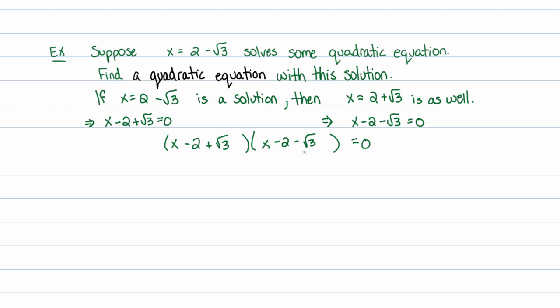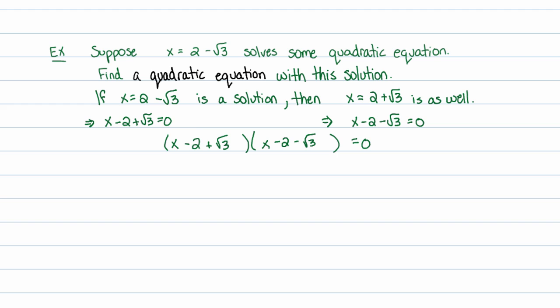Now all I have to do is multiply all this stuff out. There's a couple ways you could do this. I'll show you a long-winded way, and I'll show you a really cool, fast way. The long-winded way is to distribute each of the terms in the left factor to each of the terms in the right factor. So I'm going to go ahead and do that.